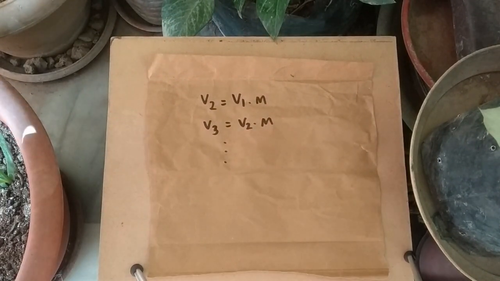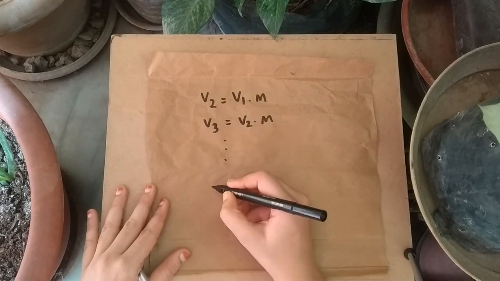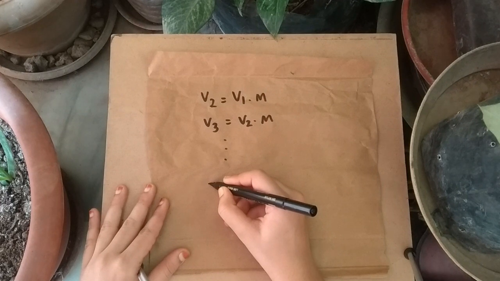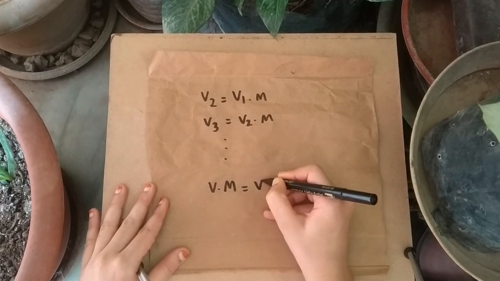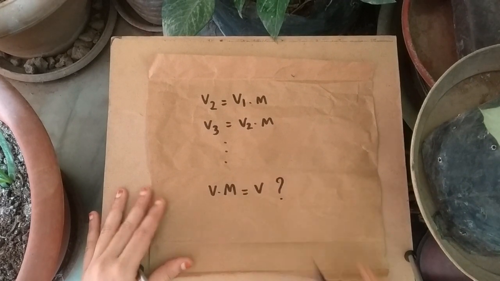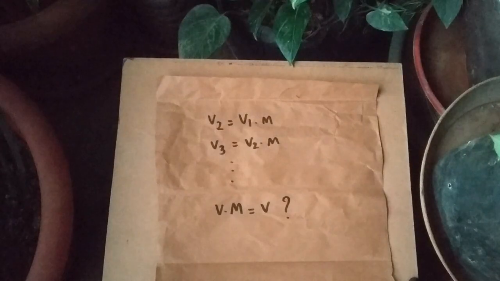But I think a more interesting question to consider is whether the Markov model will stabilize over time. That is, will V times M give back V? The short answer is mostly yes.